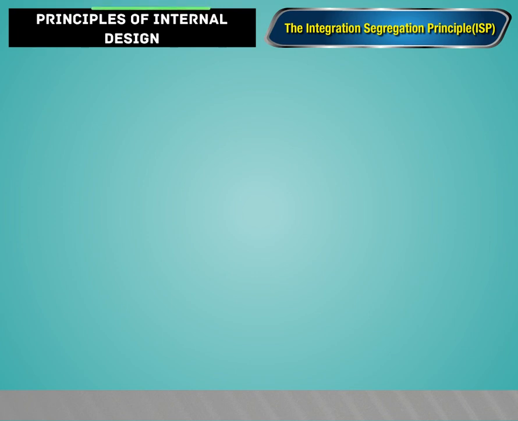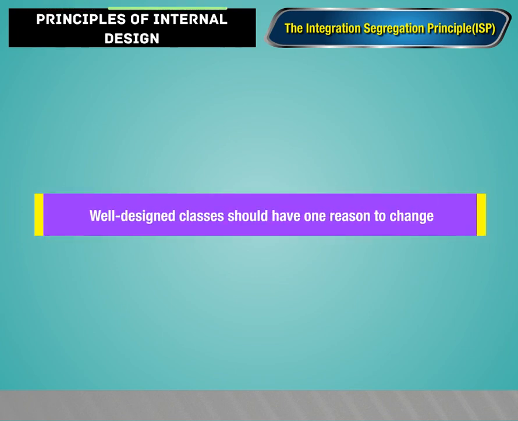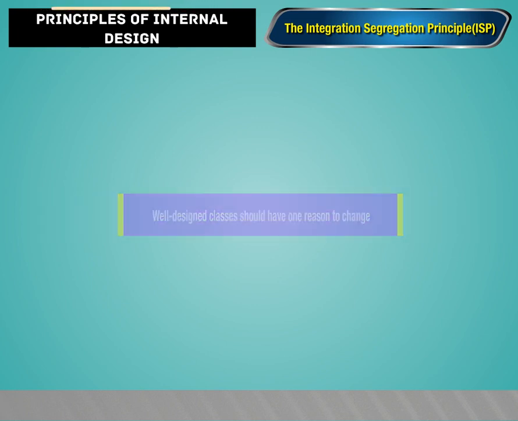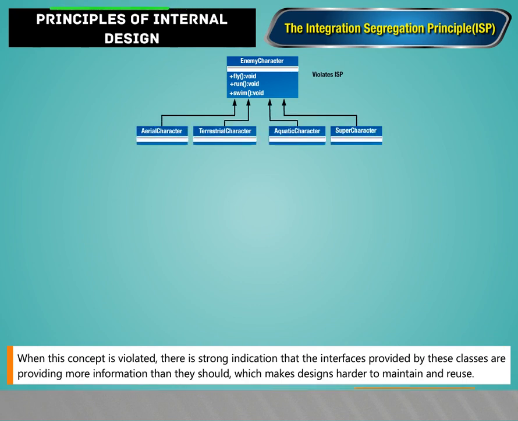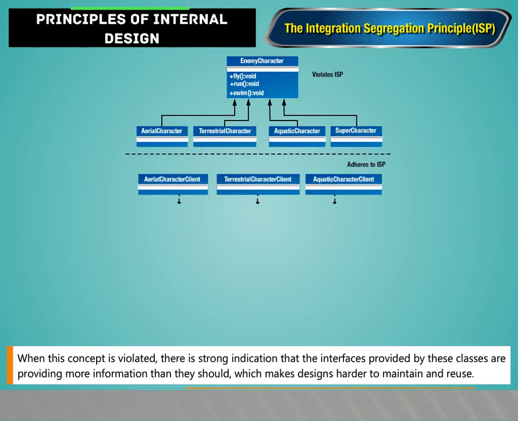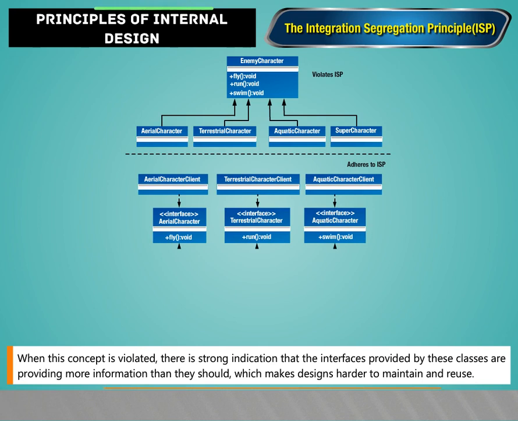Interface segregation principle, ISP. Well-designed classes should have one reason to change. When this concept is violated, there is strong indication that the interfaces provided by these classes are providing more information than they should, which makes the designs harder to maintain and reuse.